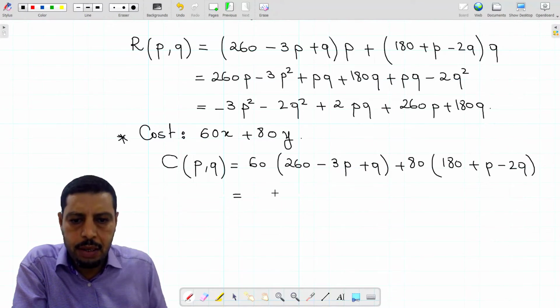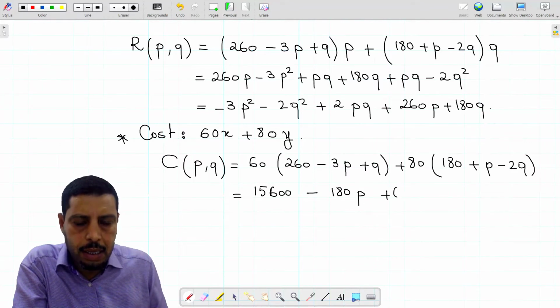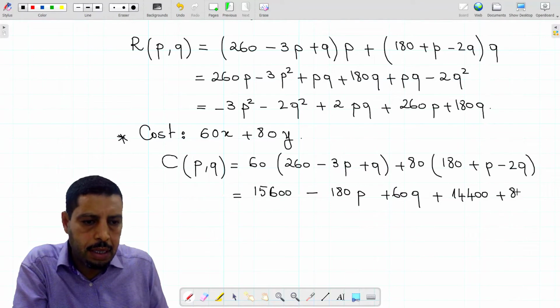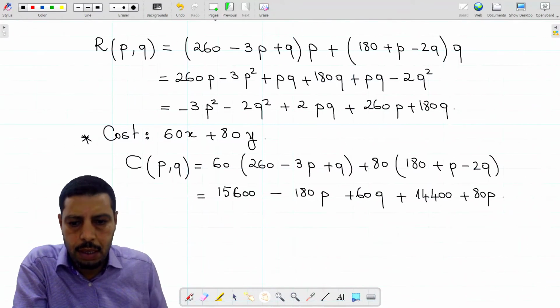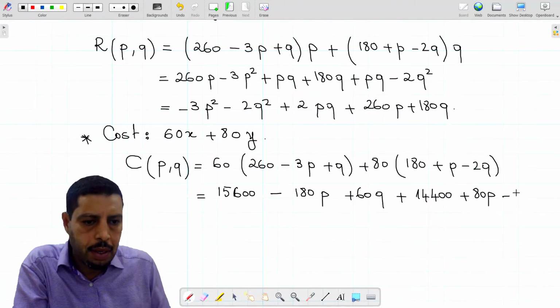Now we expand. So 60 times 260 is 15,600 minus 180P plus 60Q plus 14,400 plus 80P minus 160Q.